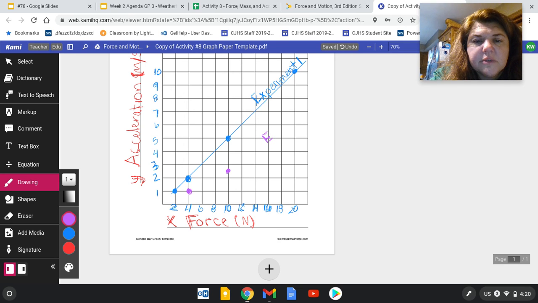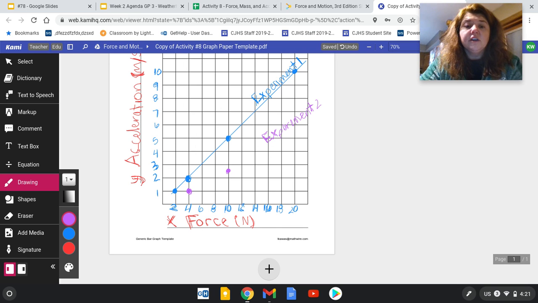So I can predict where my line is going to go right now, even though I don't have it all yet. So that's all you have to do.